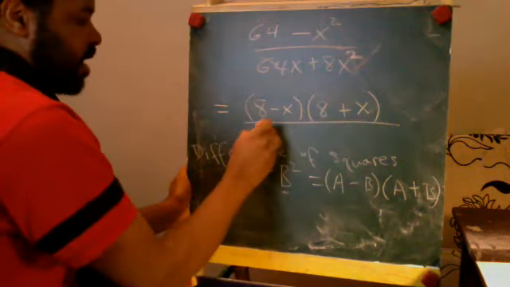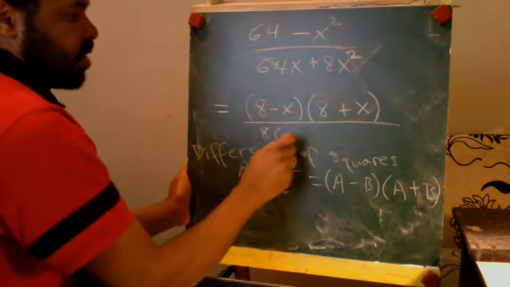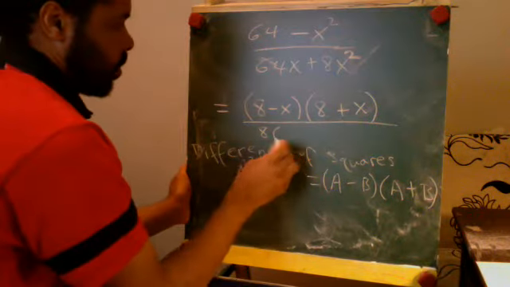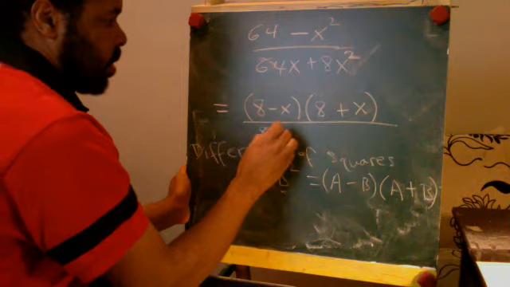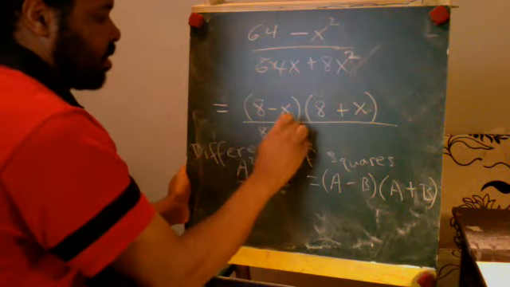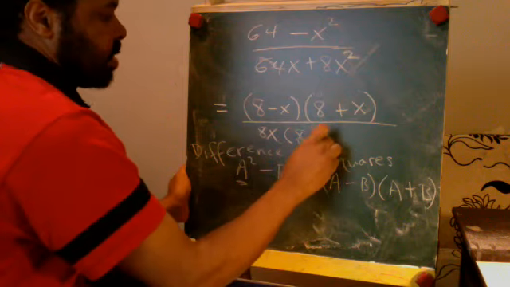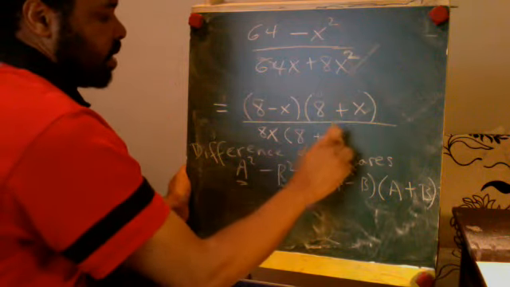And now I can factor out an 8x. All right, so I can factor an 8x out. And what I'm going to have in here is 8 plus x.